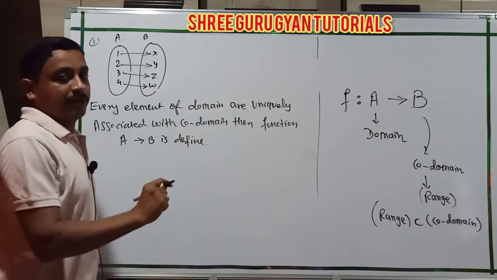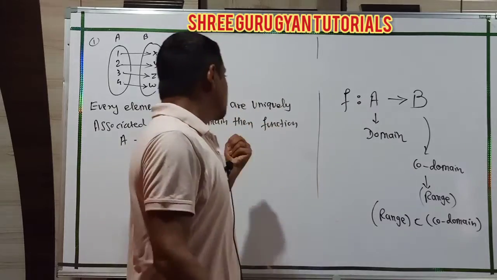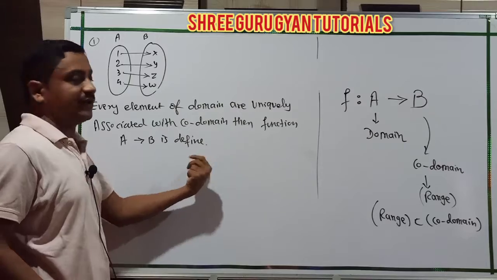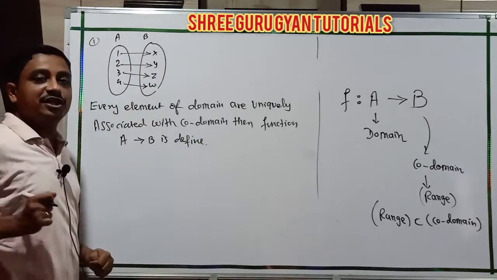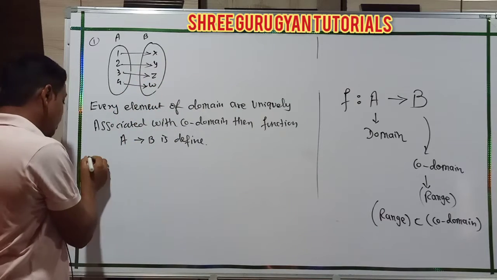Okay, again repeat. Every domain member is uniquely associated with the codomain, then the function is defined. It means in this drawing, this relation exists: 1 to x, 2 to y, 3 to z, and 4 to w.